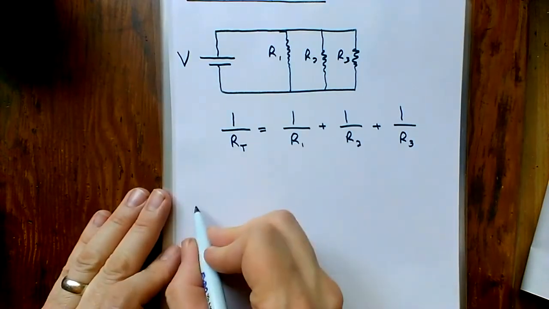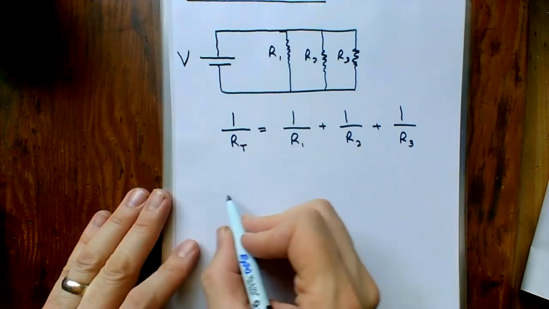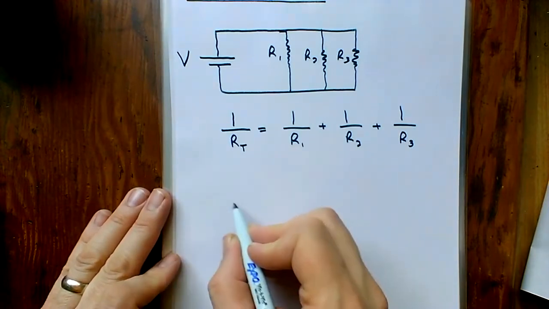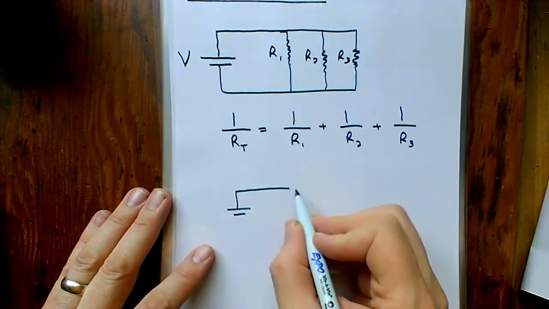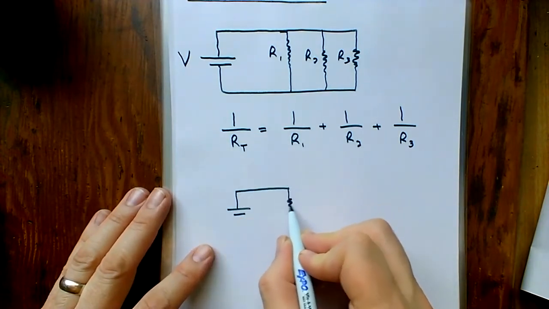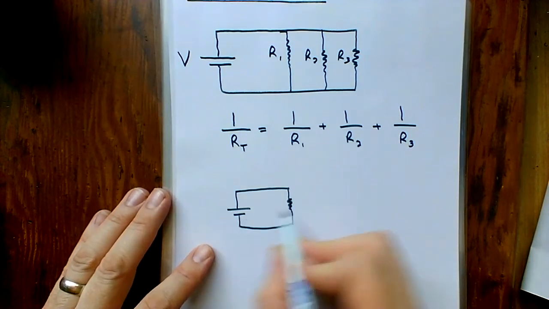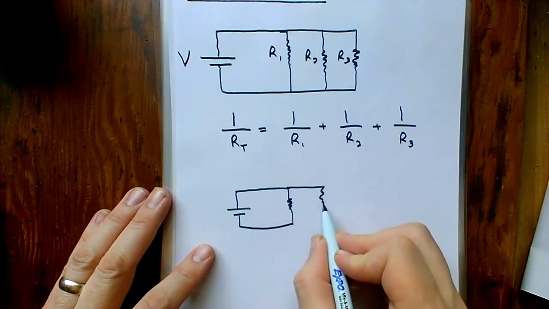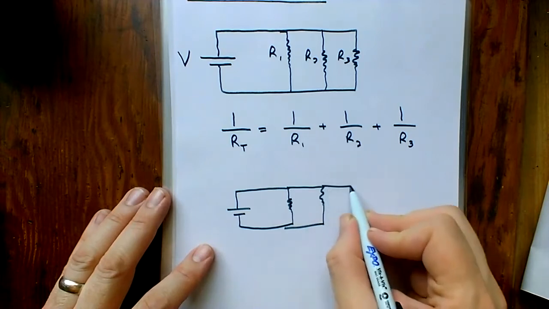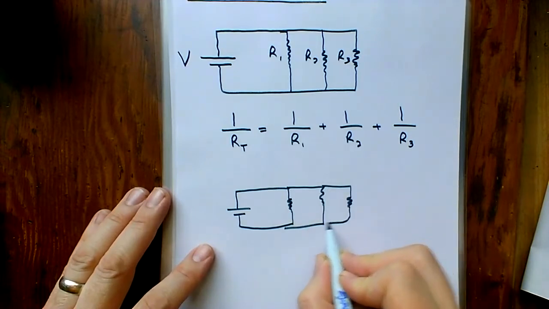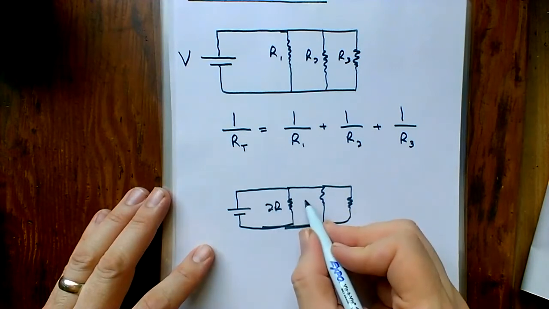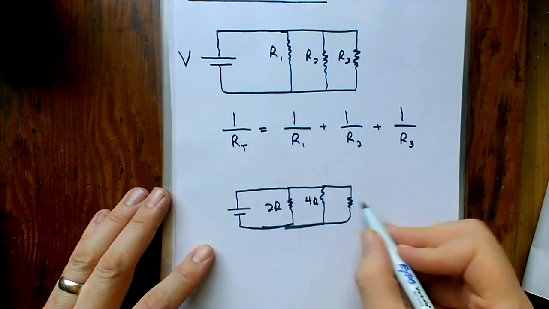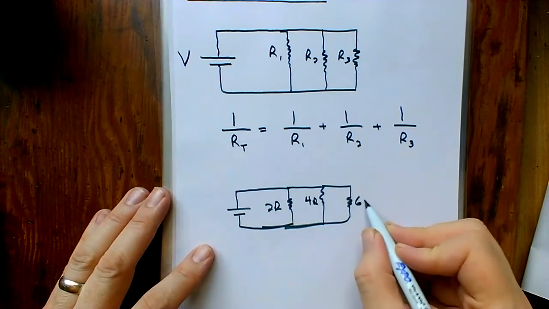Say I've got a circuit where I've got, just making this up as I go, 2 ohms and 4 ohms and then 6 ohms.